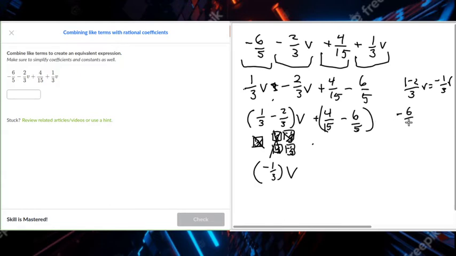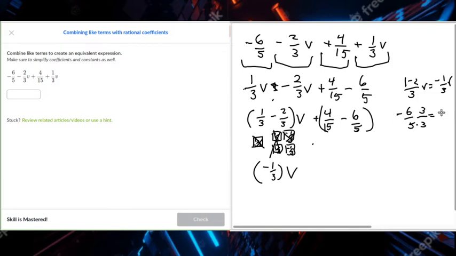But we have 6/5 and we want to go to 15. 5 times 3 is 15, but we can't just multiply like that. We have to multiply by 1. 3 over 3 is 1. So when we multiply by 1, nothing really changes, right? 5 times 1 is 5. 10 times 1 is 10. 100 times 1 is 100. And negative 6/5 times 1 is negative 6/5.